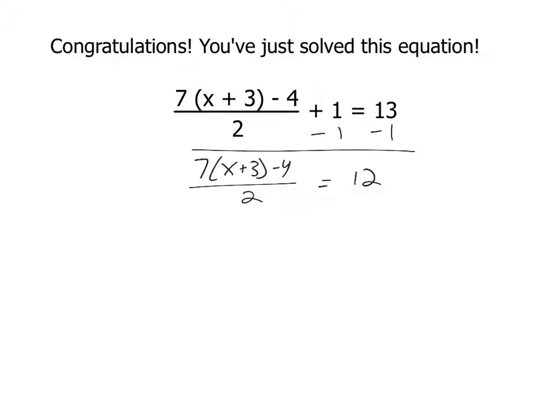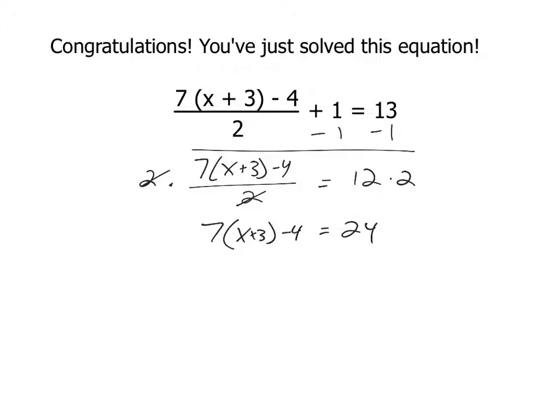The order of operations here says the last thing I'm going to do in this fraction is divide by 2. So let's undo it by multiplying by 2. Those 2's cancel. I'm left with 7 times the quantity x plus 3, subtract 4, and all that equals 24.